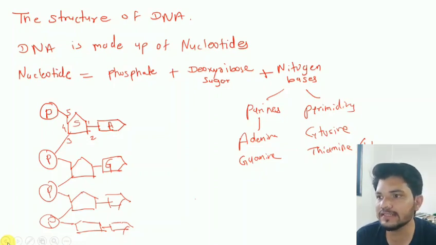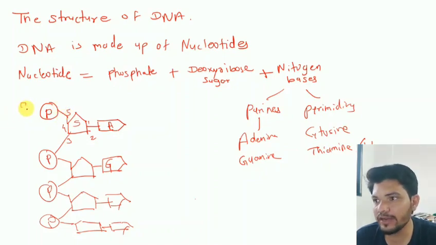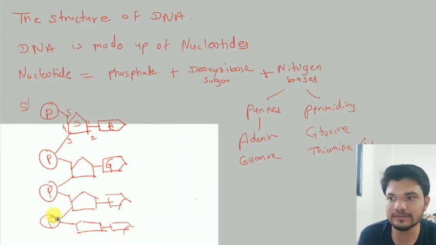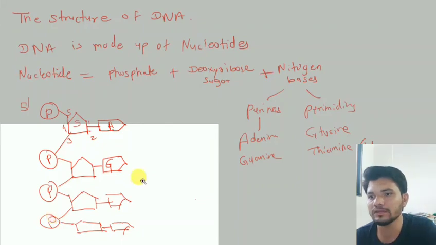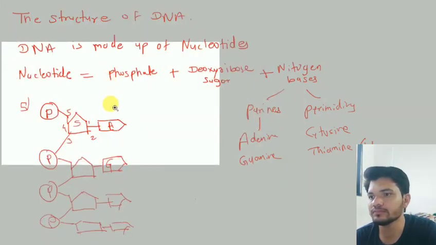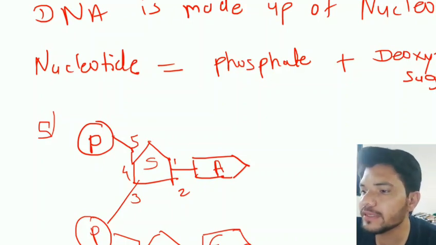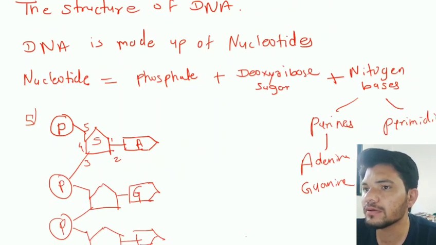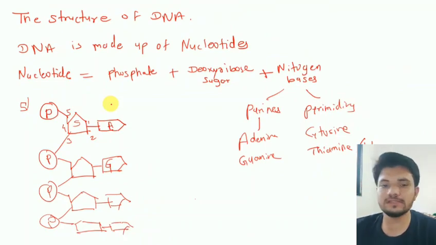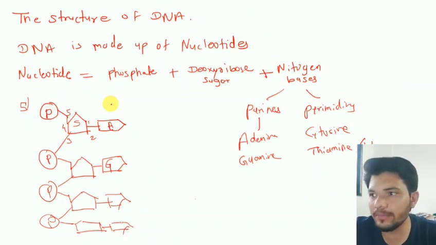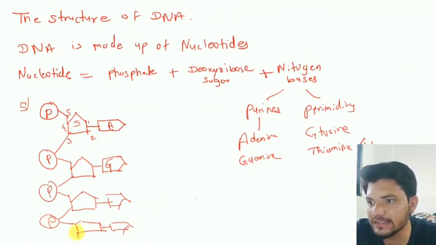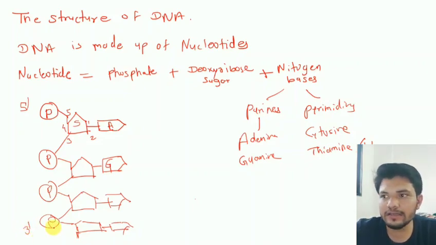This end is the 5' end and this end is the 3' end. Why do we call this end the 5' end?